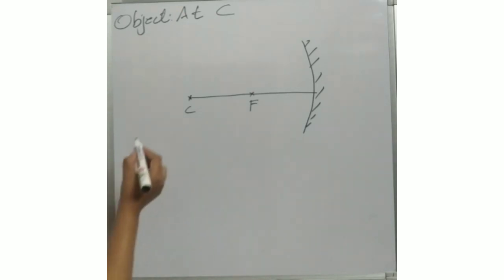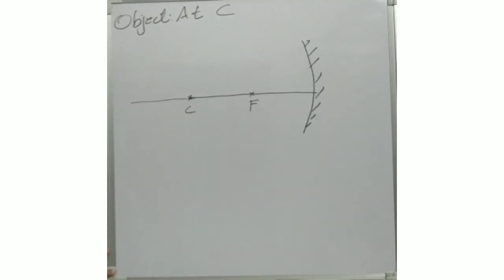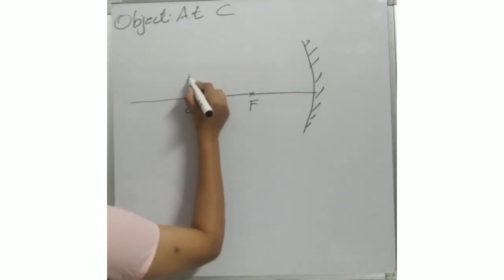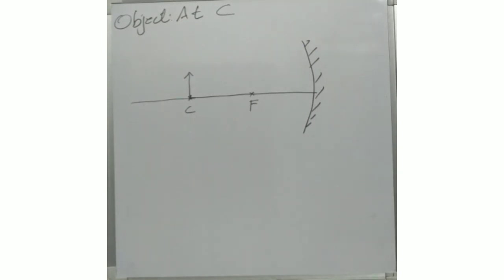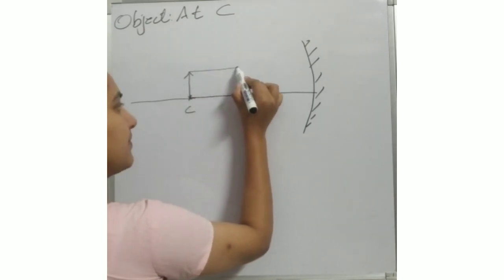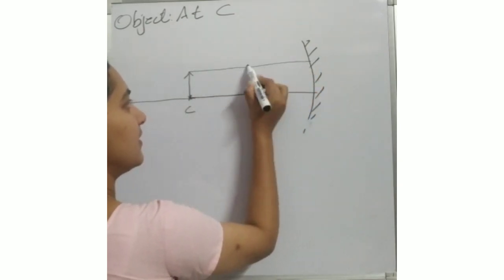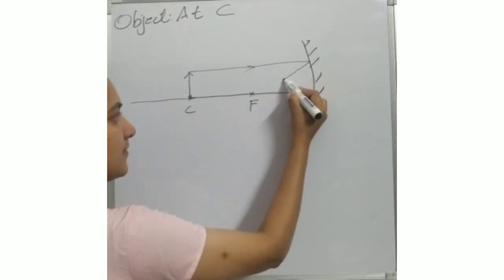Now we can extend this principal axis. Now here the object is placed at C. Okay. Now any two rules we can take. So if it comes parallel to principal axis, then it will reflect through focus.